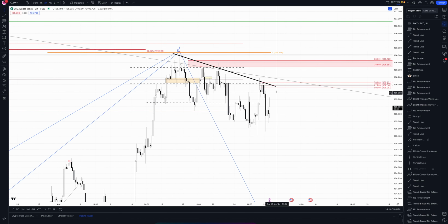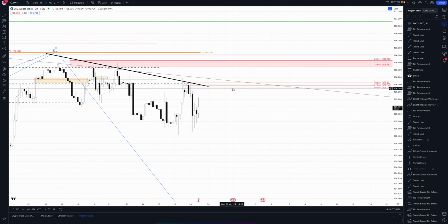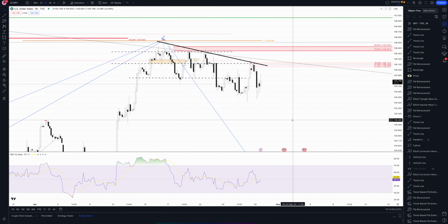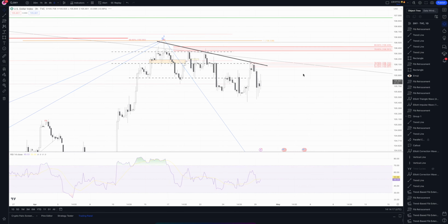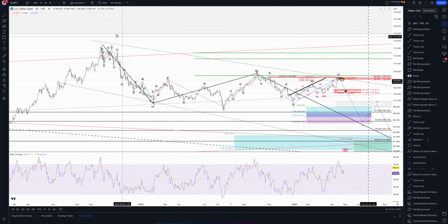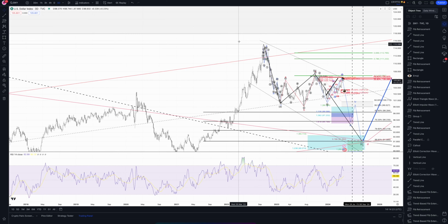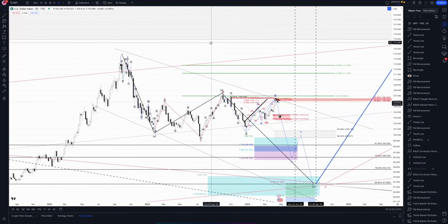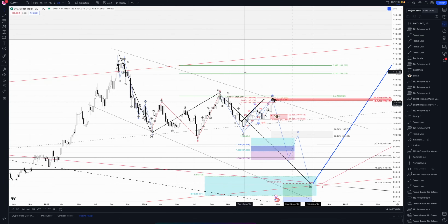Yeah, so we see this rejection over here. Okay. Let's take a look at this on the daily or on the 3-day. Okay, so we still have some room to go down here.